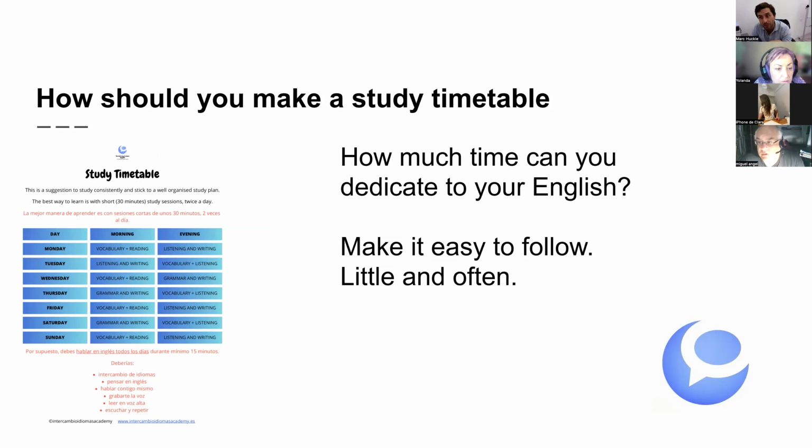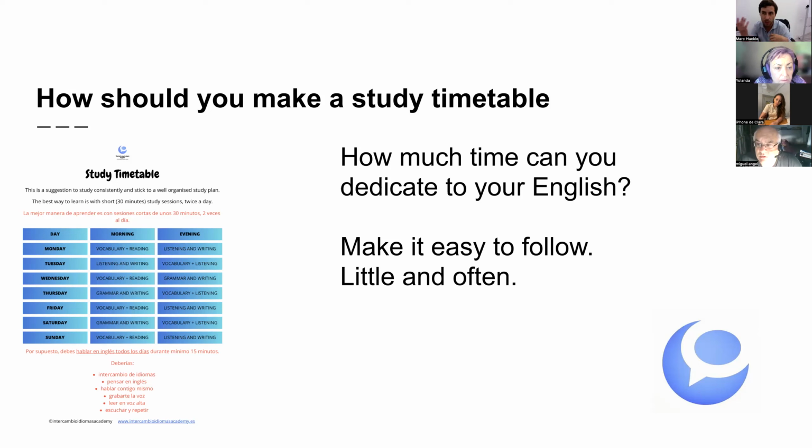If you have 30 minutes in the morning, 1 hour in the afternoon, you cannot say, I am going to study 3 hours every day, because you will never complete it. You want it to be achievable. You want it to be easy to follow.